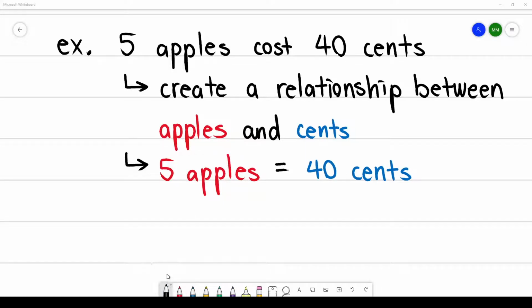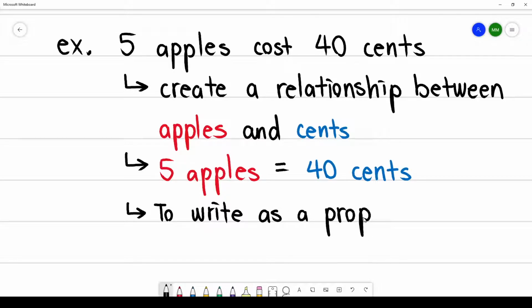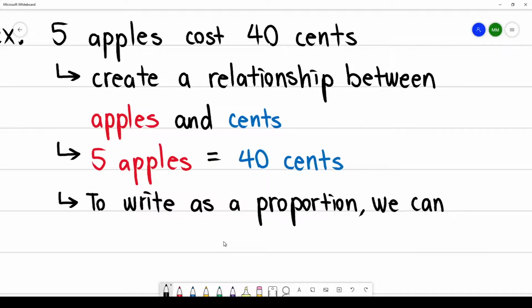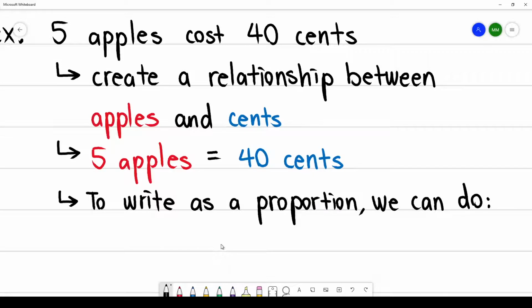Then, to write this as a proportion, we can write it either way.